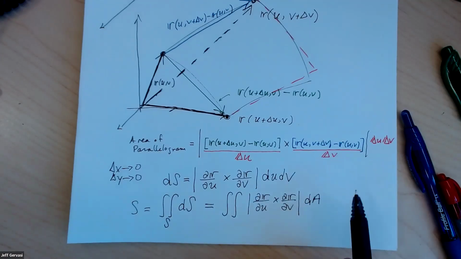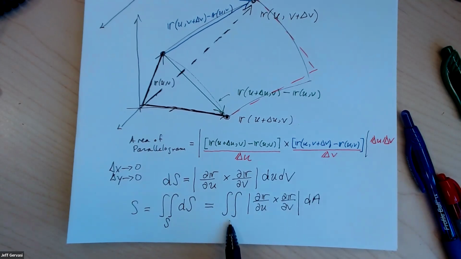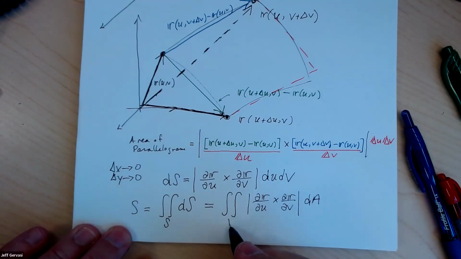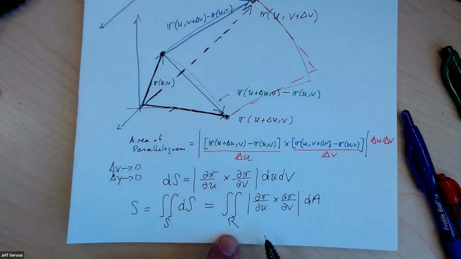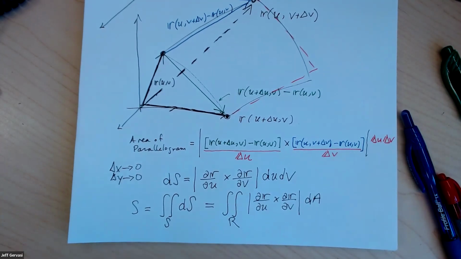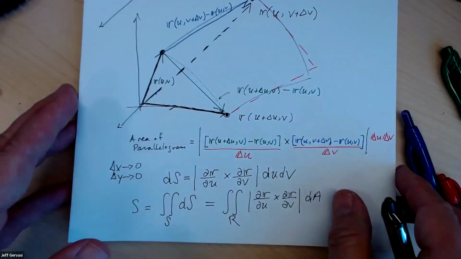And also from our experiences, if we have a dA here, what's the letter that goes down here? Right, the letter R, the region R. Now, remember everyone, because dA represents du dv, the region R is in the UV plane, okay? It's very clever. We call this a surface integral that represents surface area.